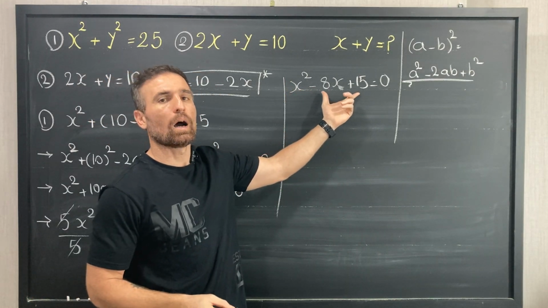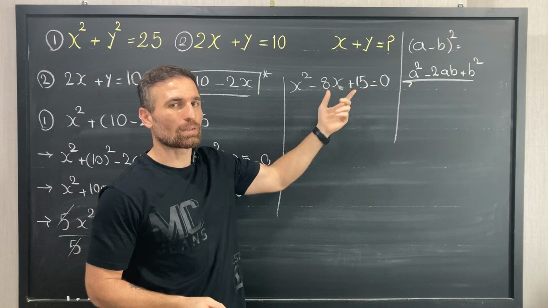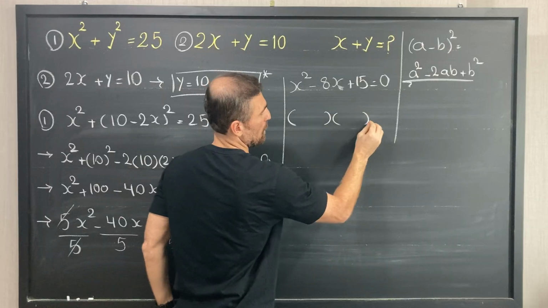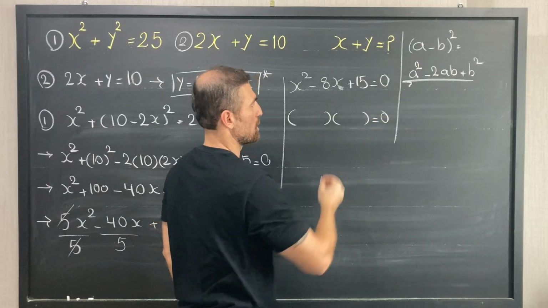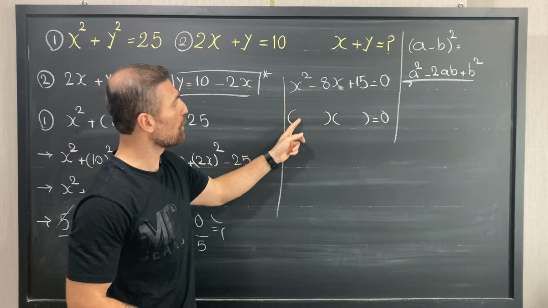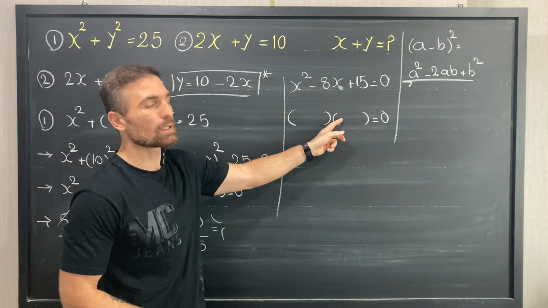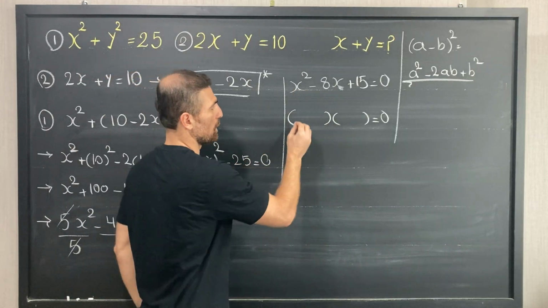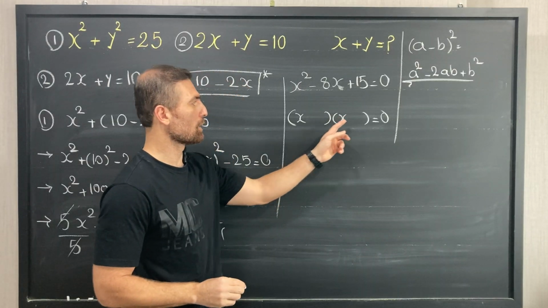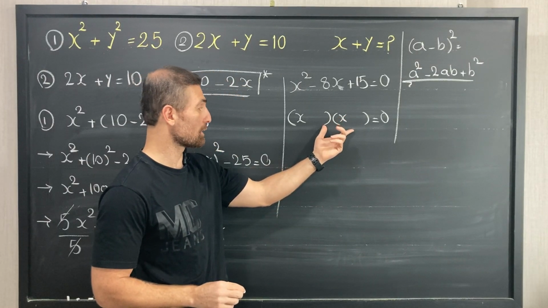To solve this, I'm going to rewrite it as a product of two factors, and right side 0. Do not forget, when the leading coefficient is 1, the first term of both factors is going to be x. So write it. But how can we find second terms of these two factors?